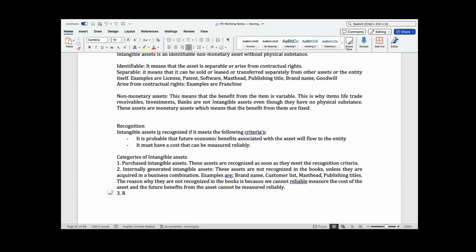Another one is research and development. For research and development, they are also internally generated intangible assets, right?